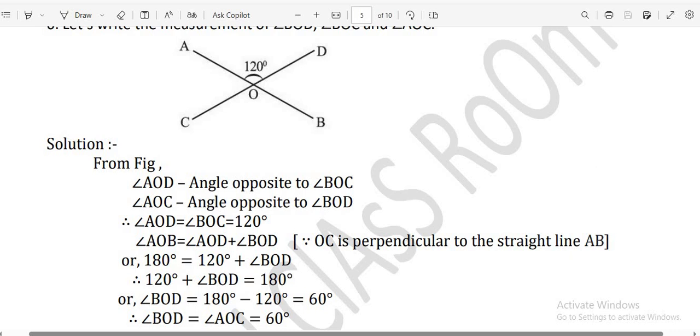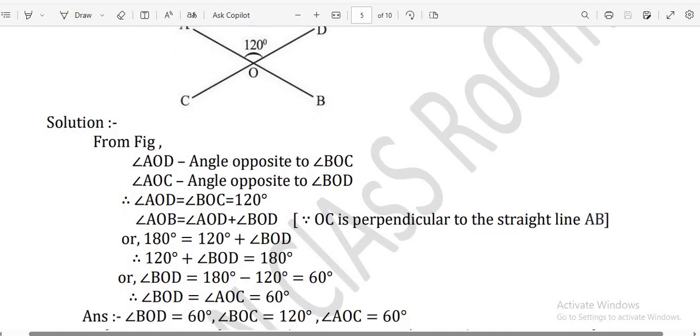Therefore angle BOD is equal to 180 degrees minus 120 degrees. By subtracting 120 degrees from 180 degrees, we get 60 degrees. Therefore, angle BOD is equal to angle AOC is equal to 60 degrees.